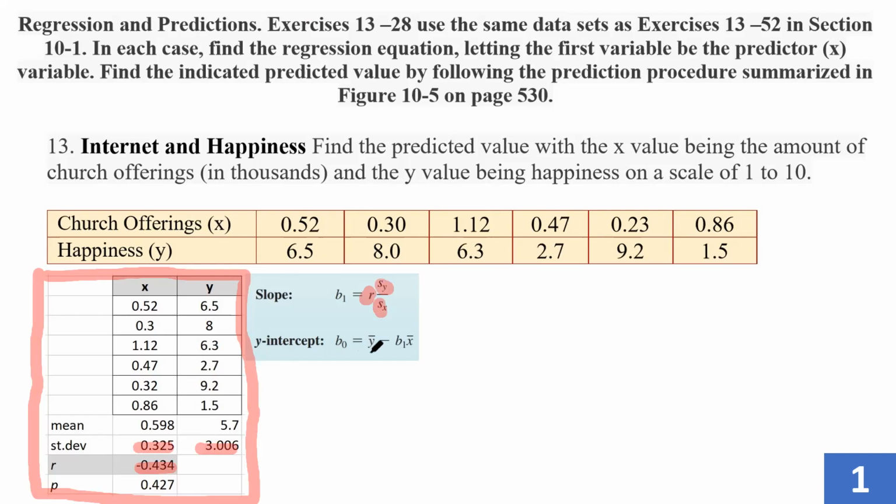The other is to do the y-intercept, right? The y-intercept is to take y bar, and y bar is right here. Subtract that by x bar, right? Or actually, no, b sub 1. And this is why it's kind of weird. So you've got to solve b sub 1 first, right? And then plug it into that equation, right? Let me do this the right way. So I think this would be right by doing b sub 1.